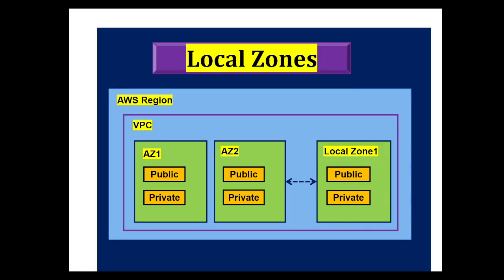So let us understand the benefits of using local zones. It provides resiliency and fault isolation between availability zones and the regions. It also provides scalability, and the most important is the low latency it provides, because it serves users faster from the closest availability zone or the region.